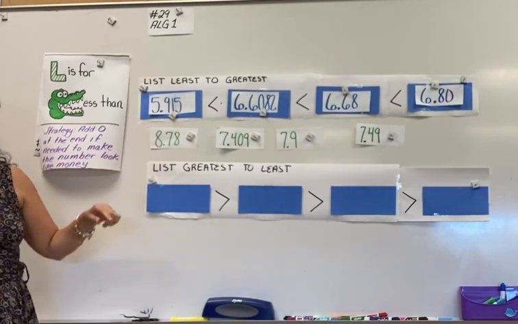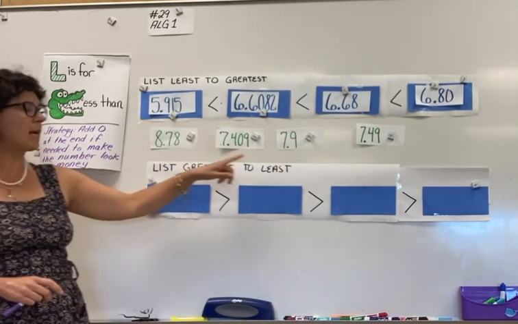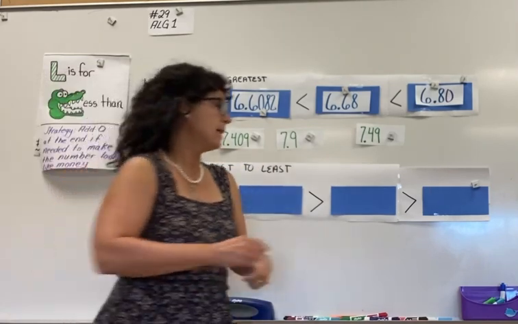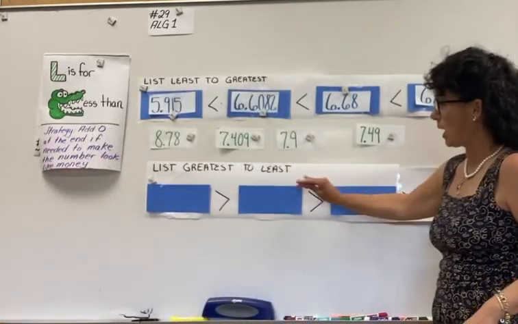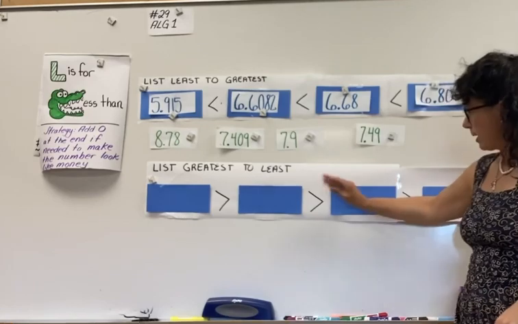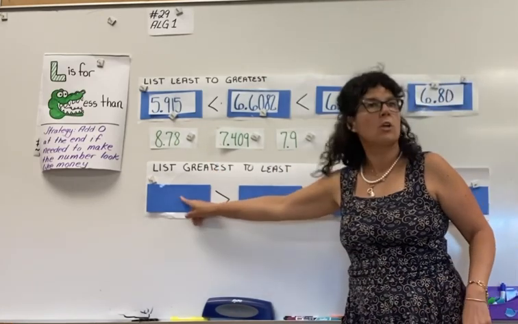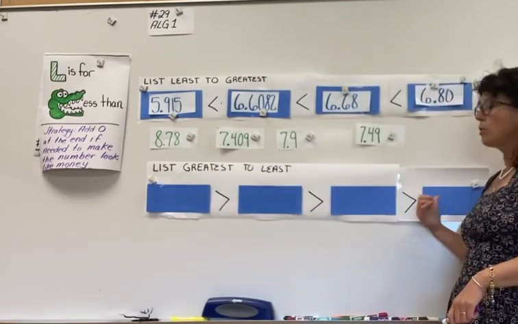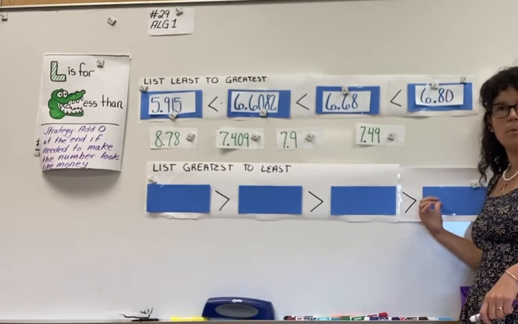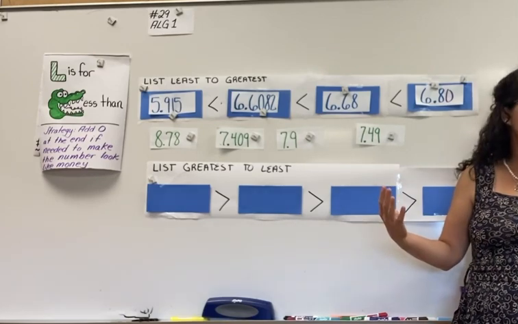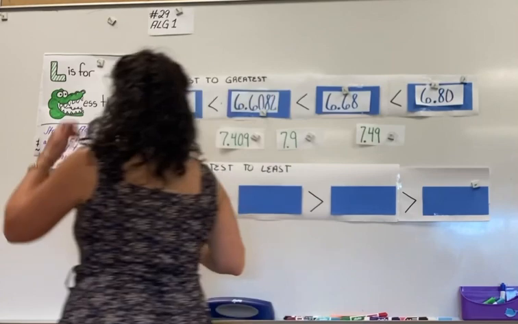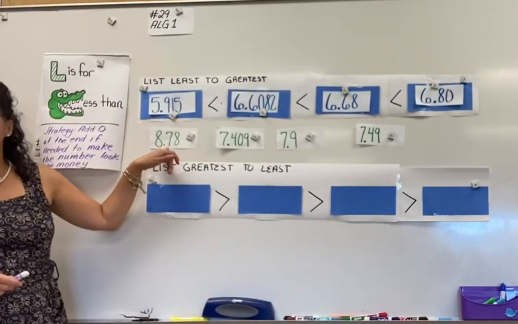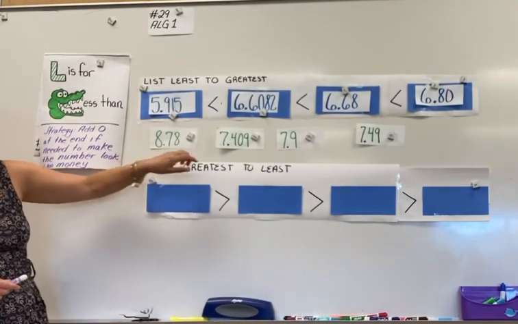With the green numbers, this time I want to go from greatest to least. And since these symbols are going this way, bigger, bigger, bigger, bigger, we're starting with the biggest number and moving to the smallest number. The directions also say greatest to least. All right, so this one is $8.78.